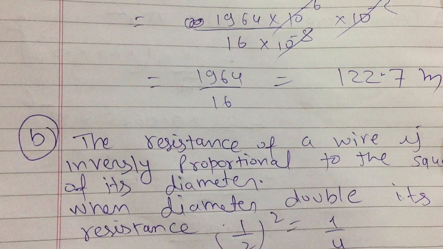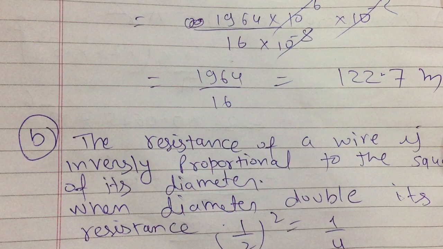You have to calculate the length. In the first part, you have to calculate the length of the wire, and in the second part, if the diameter is doubled, what is the effect on the resistance.